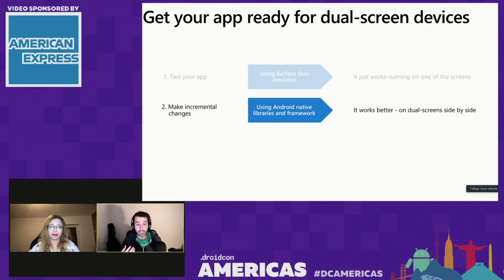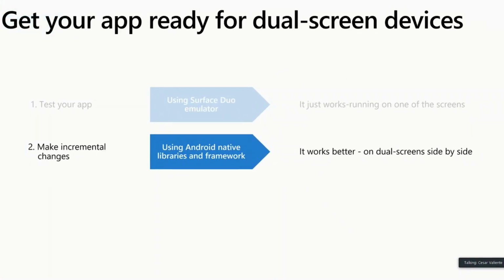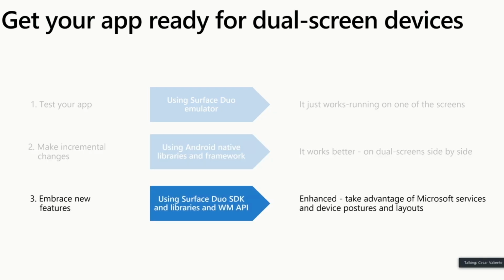So here your app is still designed for single screen mode, but we can already take advantage of some nice things that dual screen devices such as Surface Duo provide. For instance, we already have APIs in the Android framework. And then the third step is when we really want to take advantage of everything that a device such as Surface Duo provides, so having 2 screens.